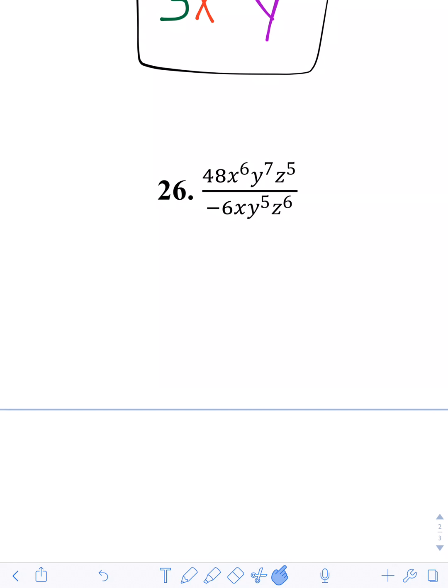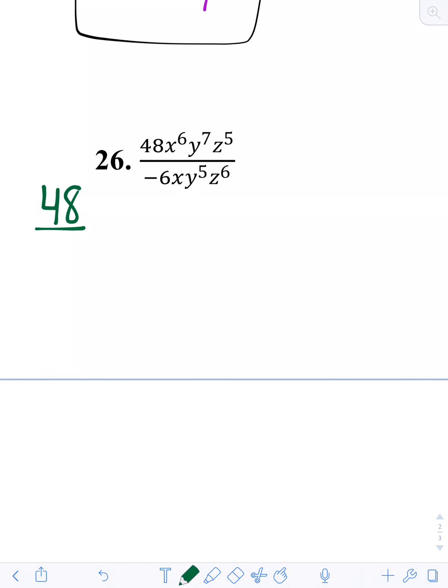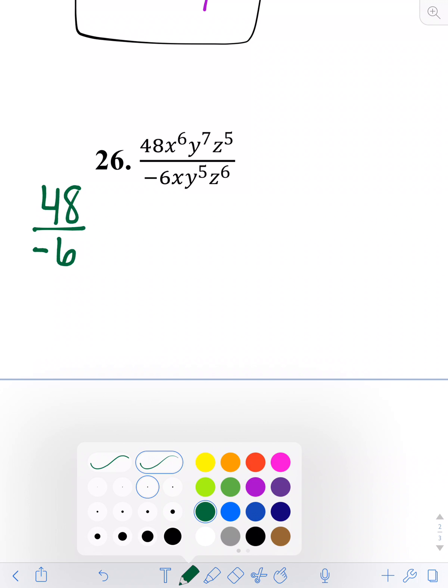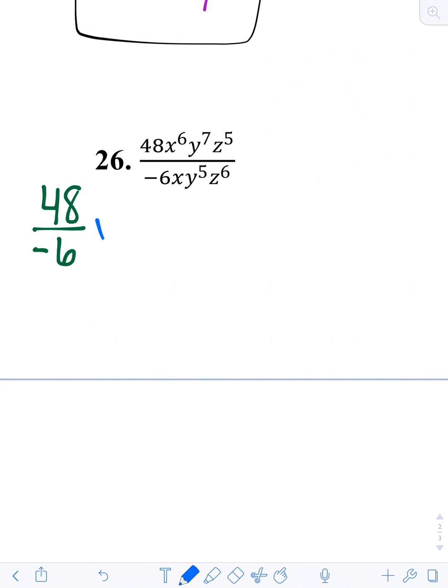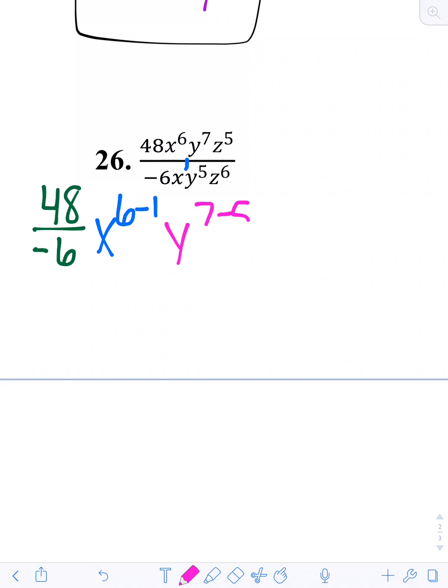All right, last one. We have 48 divided by negative 6. Okay, then we have x, 6 minus 1, so don't forget that's a 1. Then we have y, 7 minus 5. And then we have z, 5 minus 6. So we have 48 divided by negative 6, which is negative 8. So that's negative 8.